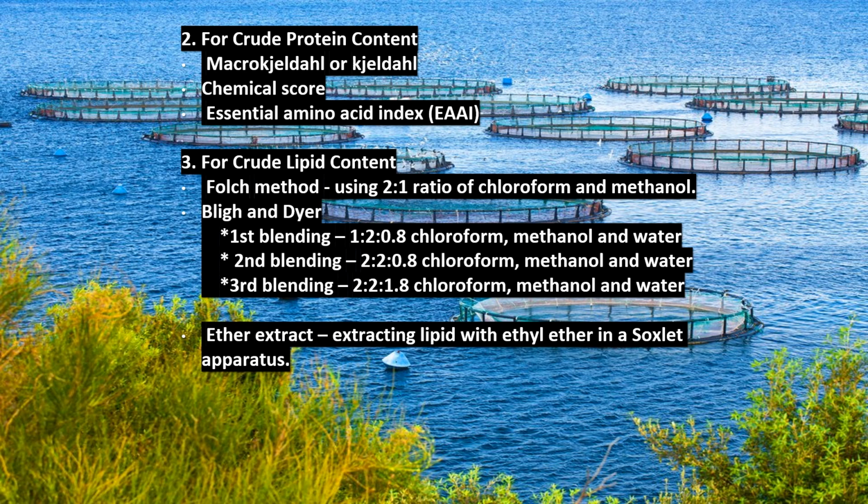This is done by comparing the essential amino acids in fish or feed protein with that of whole egg protein. And the last one is the essential amino acid index. Also, this is used for determining the quality of protein. If the essential amino acid required by fish is not known, then compare the essential amino acids of the diet to the muscle of the species to be fed.